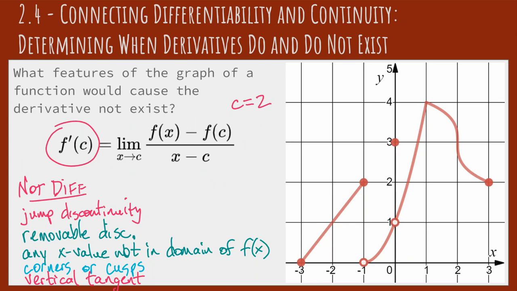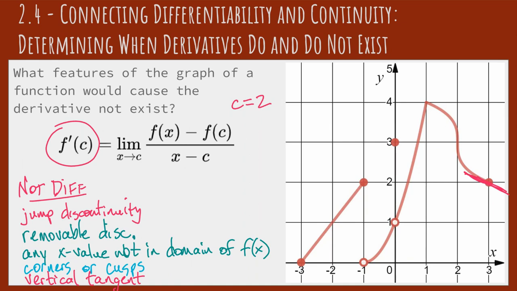I also want to mention while we're here that a function can have a one-sided derivative, especially if we're looking at an endpoint. We might say that the derivative exists at this point because the one-sided derivative exists. So if we say c equals 3, we would only really look at 3 from the left side because 3 from the right side is not in the domain of the function.